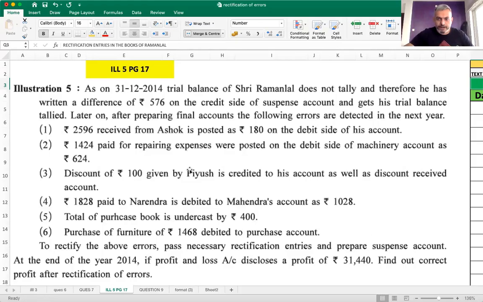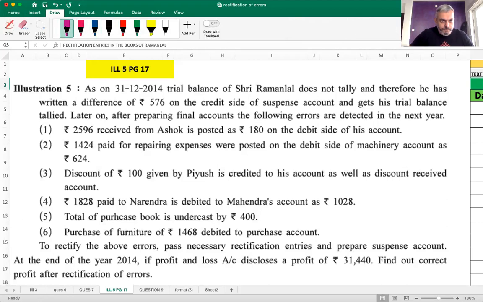Now, illustration 5, mark this sum extremely important for exam. As on 31/12/2014, trial balance of Sri Raman Lal does not tally. Here it is clearly given that trial balance of Raman Lal does not tally.